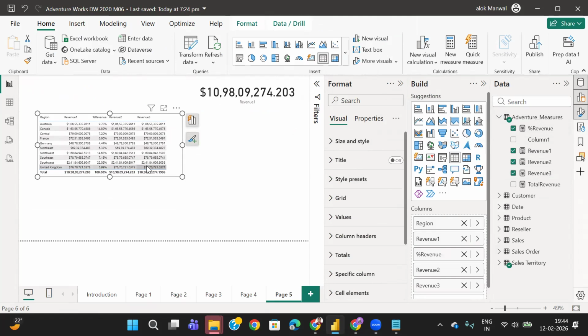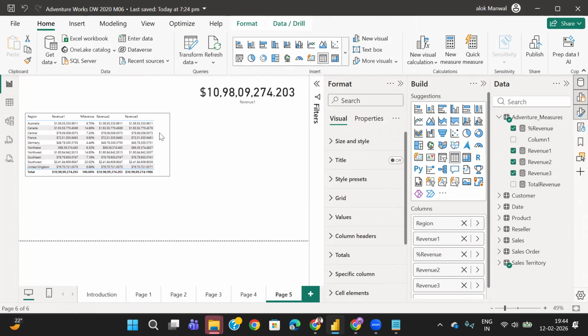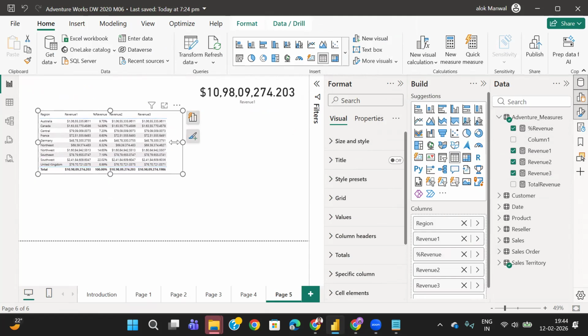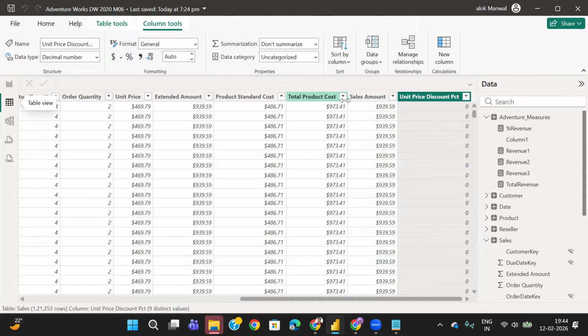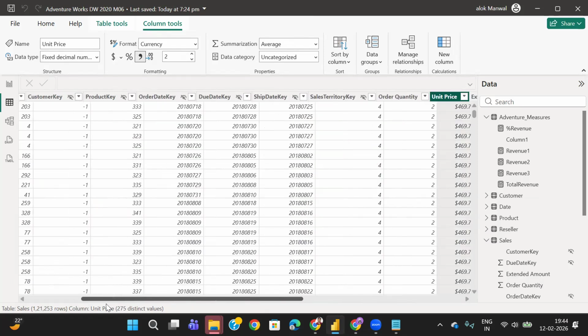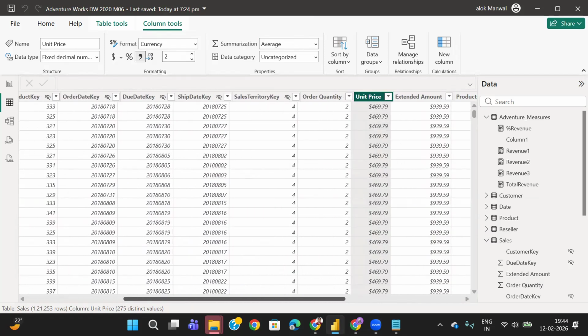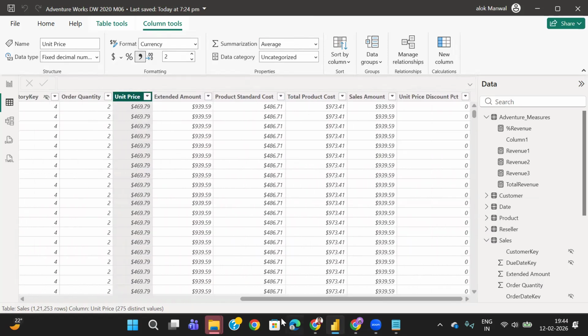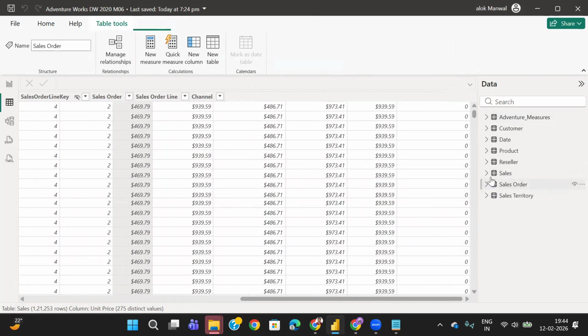Let's talk about the discount. What discount did we get? Discount is basically this is our unit price, and there is the order quantity. Where is our list price then?